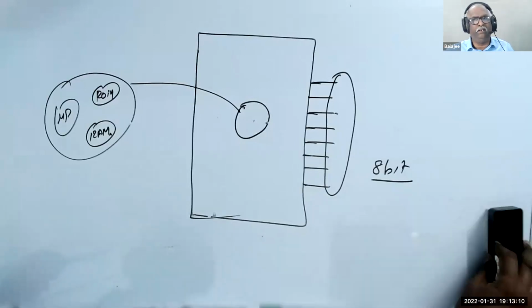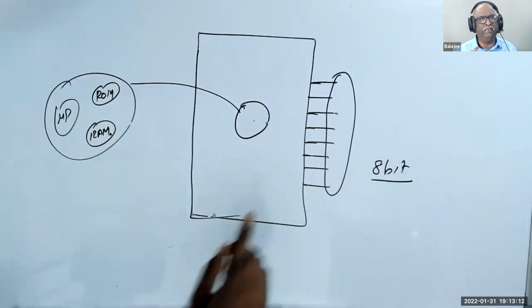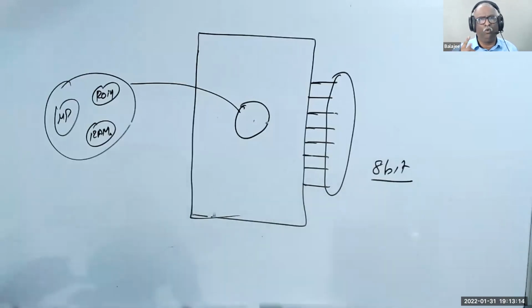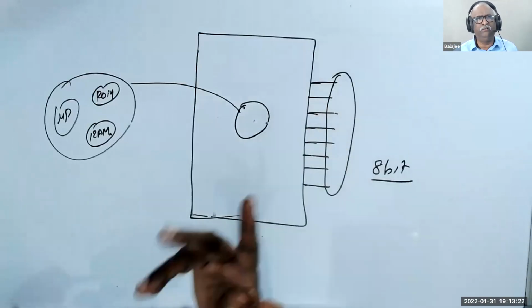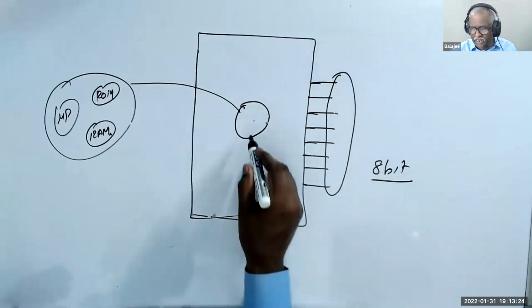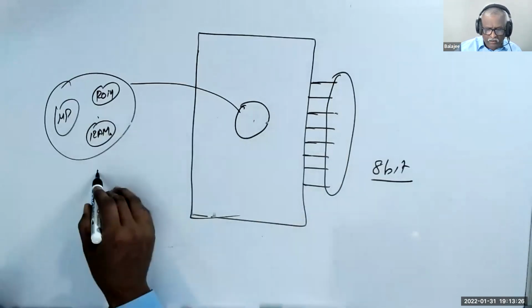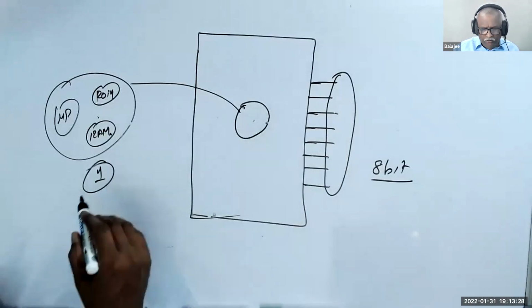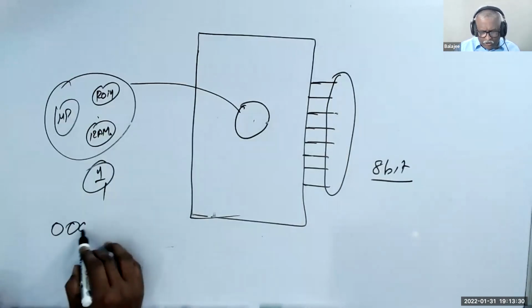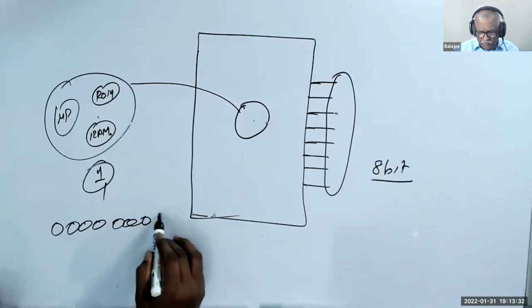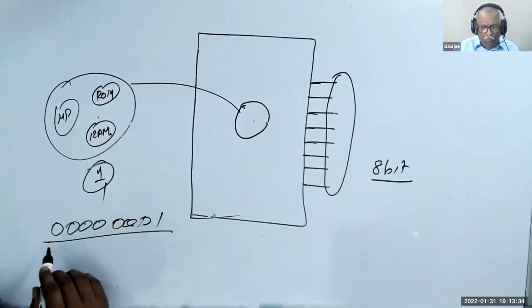I cannot do 1-bit, please understand. I can do only 8-bit, not 1-bit. That means if I output, it will control all the 8, not 1. If I tell the computer, you out 1, you know what he will do? He will convert the 1 into 0, 0, 0, 0, 0, 0, 0, 1.